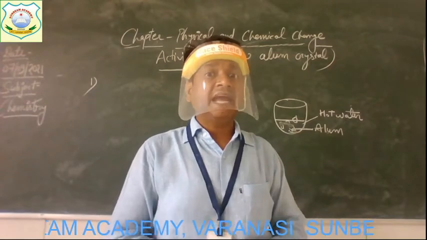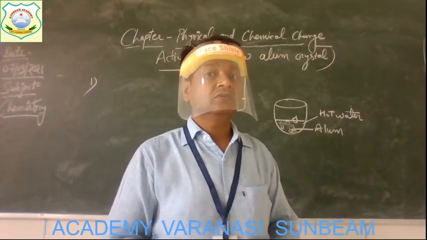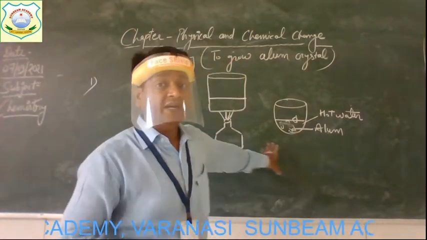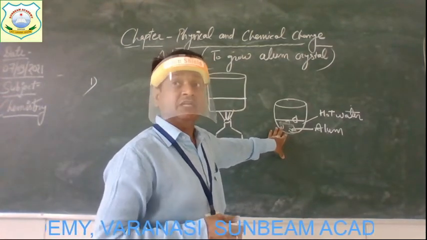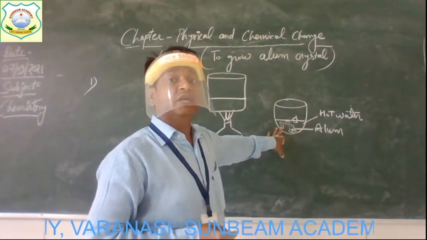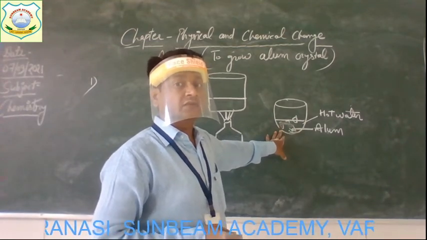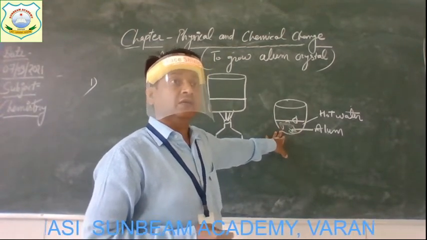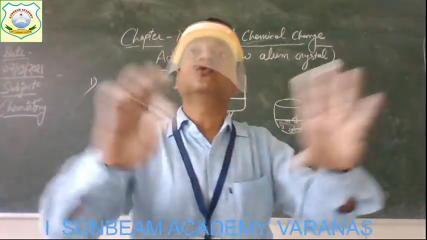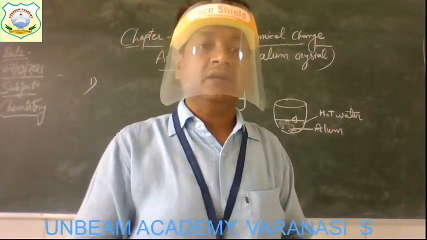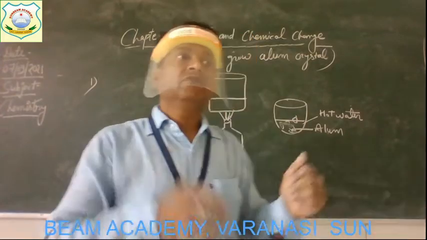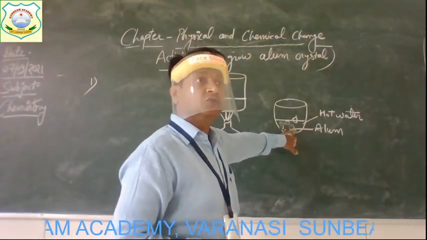And now after that, what do you have to do? The kind of solution you have prepared is known as a saturated solution. Which kind of solution is this? Saturated solution. Why saturated solution? Because no more alum can be dissolved. Okay. Now, filtering. Filter this solution.